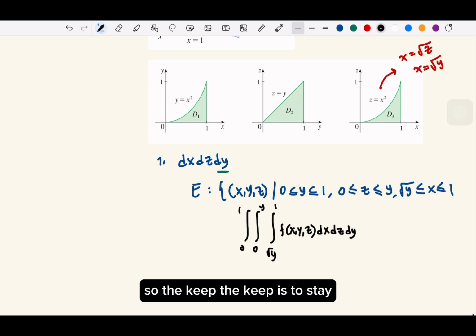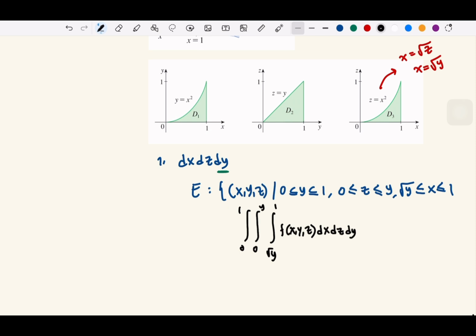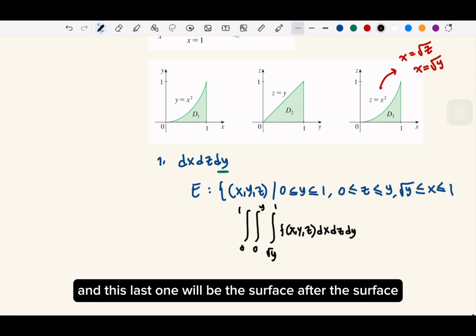So the key is to state the first two. I think the first two are based on one of these three, and this last one will be the surface.